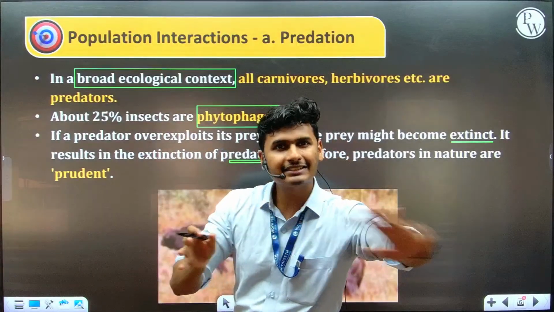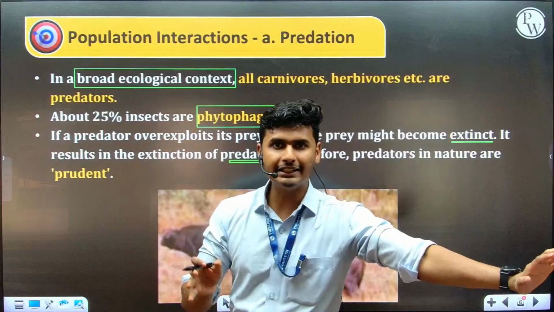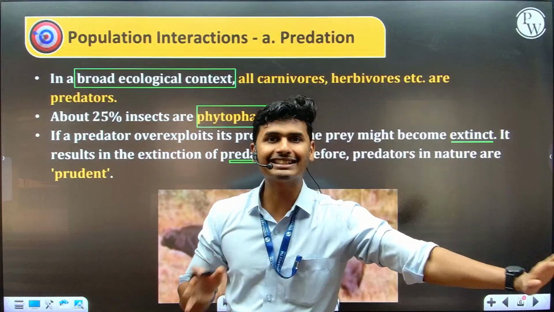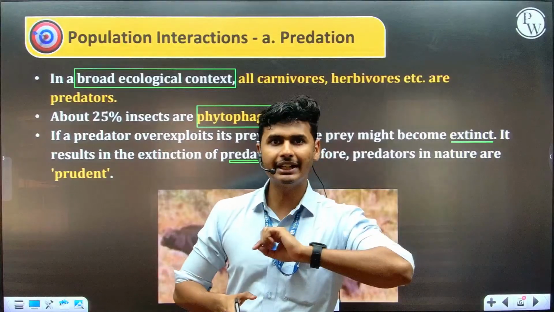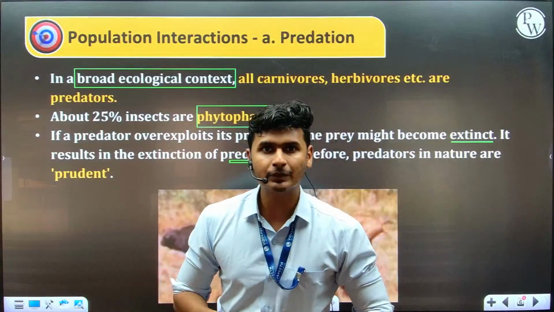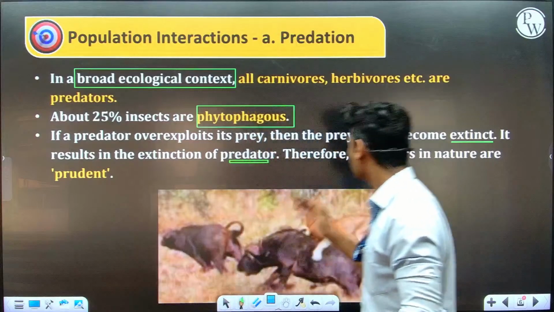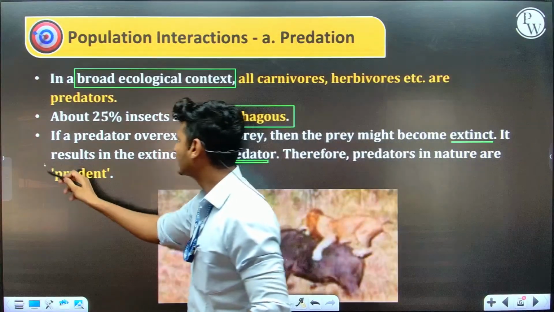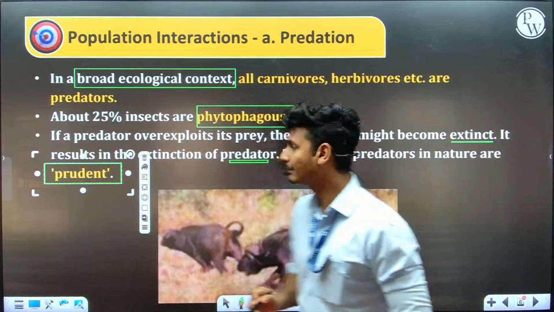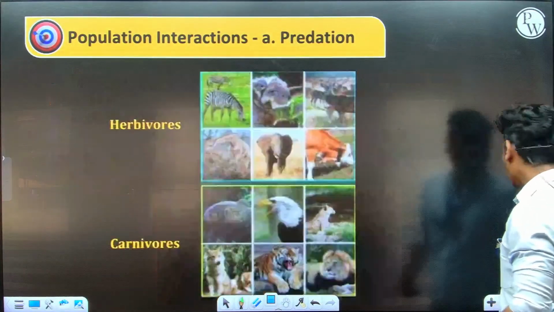If prey is completely destroyed, then definitely the predator which depends on prey is also going to go extinct. So they are saying predators in nature are prudent.